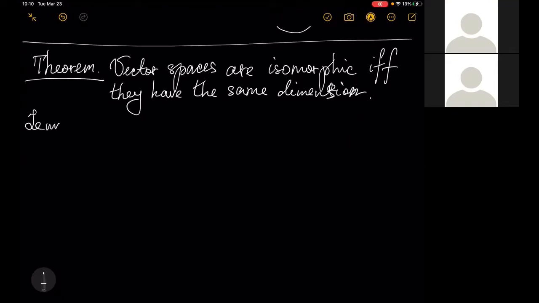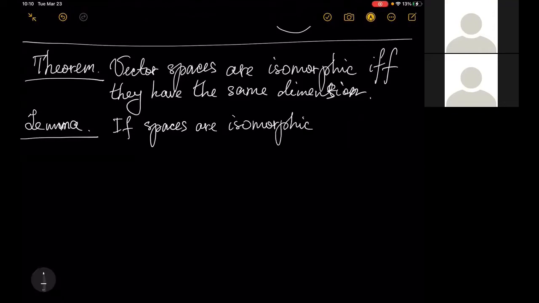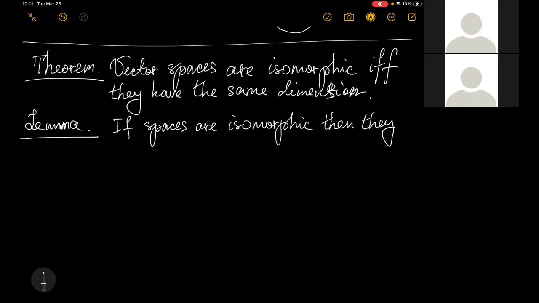The first will be lemma, which says the following: if spaces are isomorphic, which means that you can create isomorphism between them, then they have the same dimension.